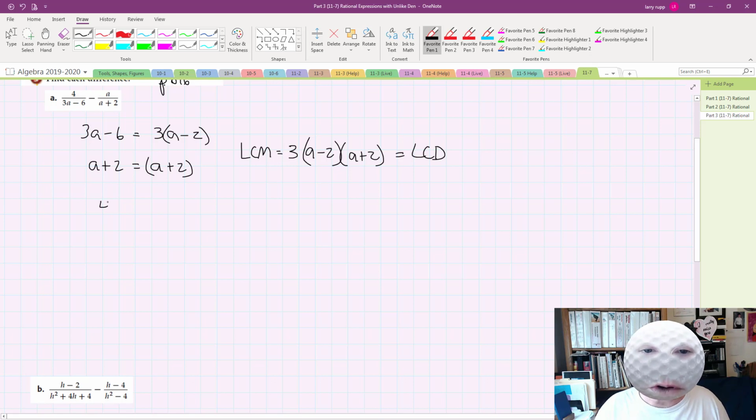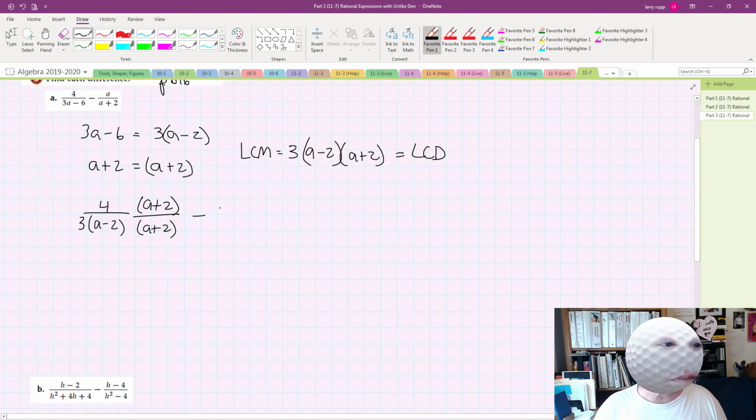Alright, so just like normal, we have to look at our original equation. And in this case, we'll go 4 over, and I'm going to write it in factored form, 3 times a minus 2. That's our first term. So what part of the denominator, the LCD, is it missing? It's missing the a plus 2 portion. Okay, so we put a plus 2 over a plus 2, and then subtracting.